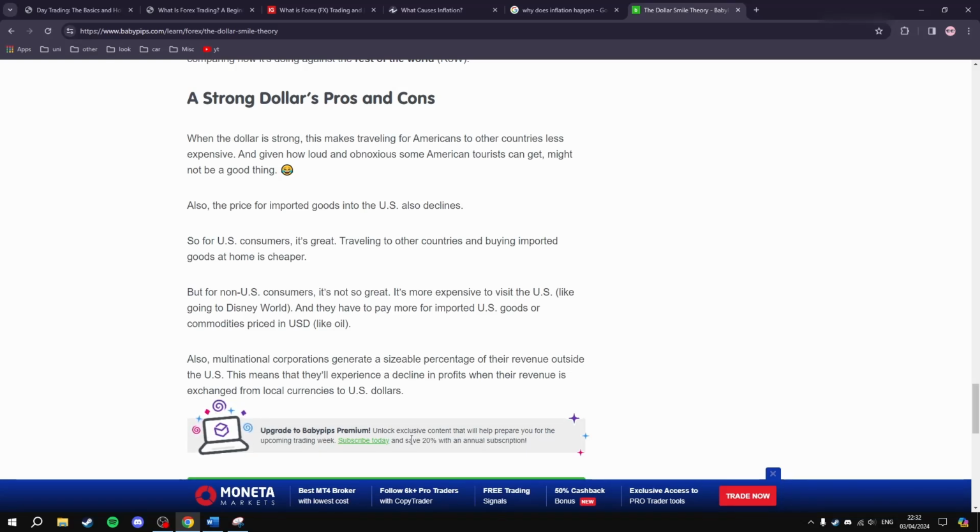So for US consumers, it's great. Traveling to other countries and buying imported goods at home is cheaper, but for non-US consumers, it's not so great. It's more expensive to visit the US, like going to Disney World, and they have to pay more for imported US goods or commodities priced in USD.